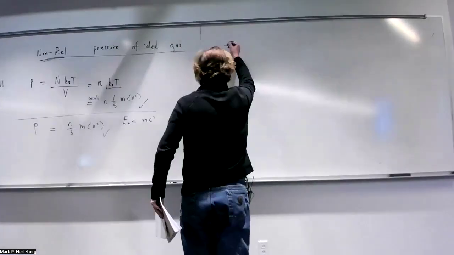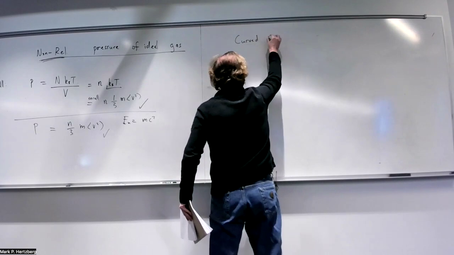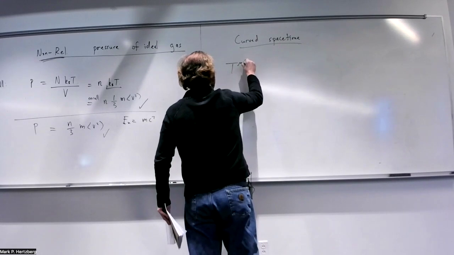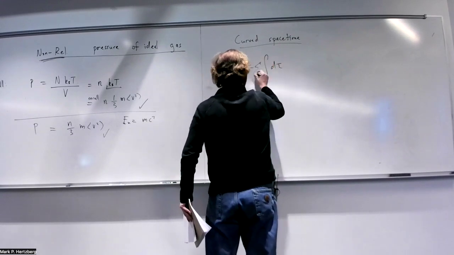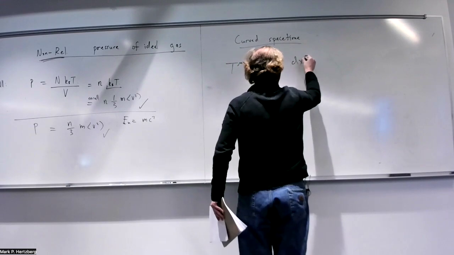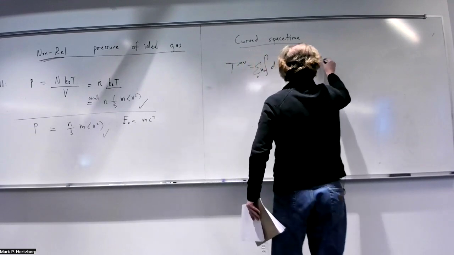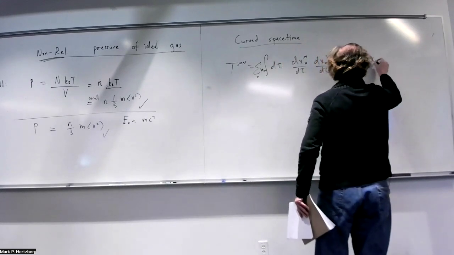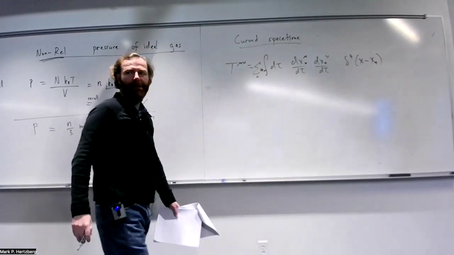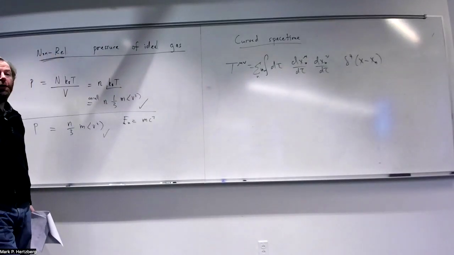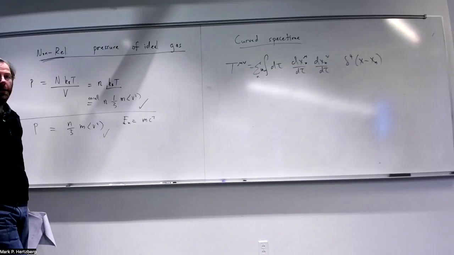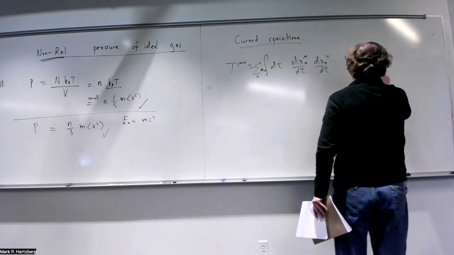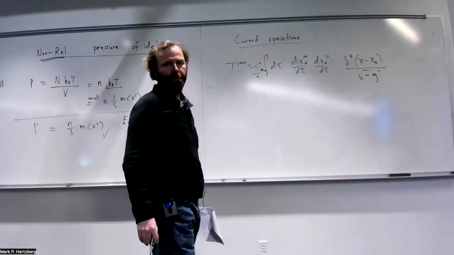But let me just state for you that in curved spacetime, you can update this nice looking formula. And here was our formula as covariant a form as possible. And the update, if you have curved spacetime, is pretty nice. You just divide this by the square root of the determinant of the metric. That's it.